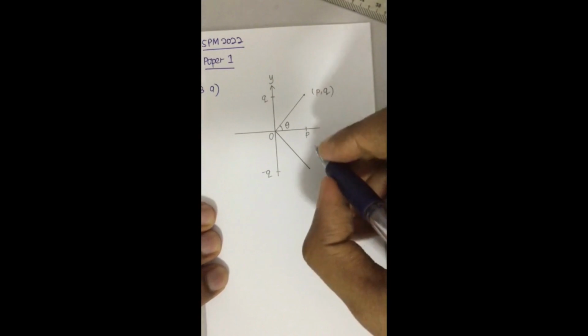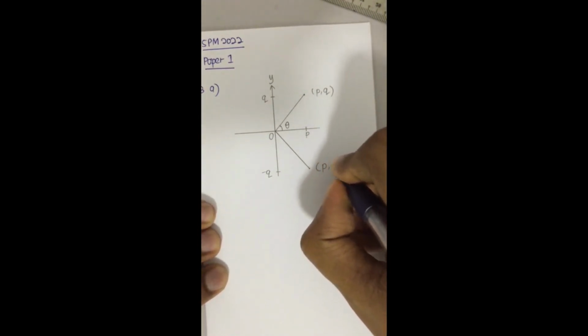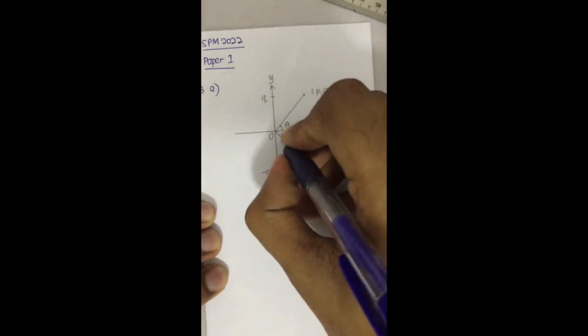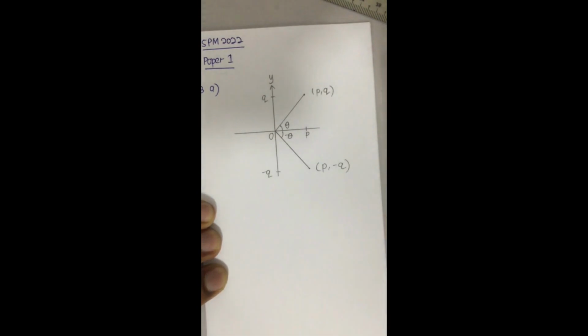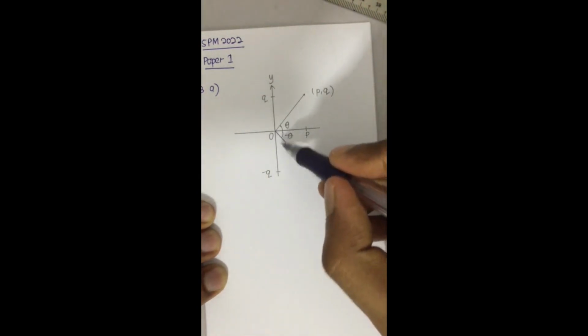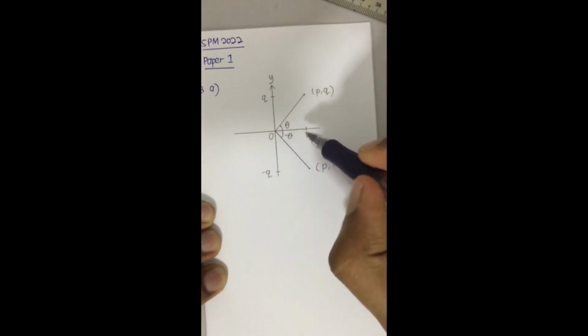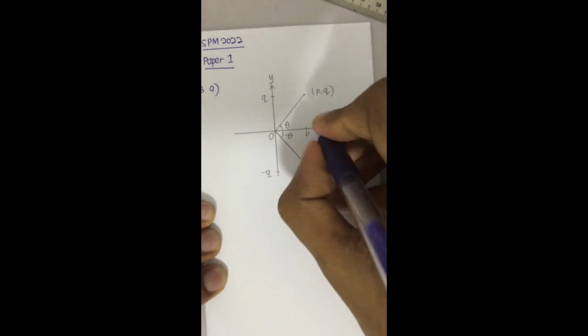So from here, this is your coordinate P, negative Q, and you have an angle negative theta, because your angle is moving in a clockwise direction for the negative angle, whereas for the positive angle, it's moving in a counterclockwise or anti-clockwise direction.